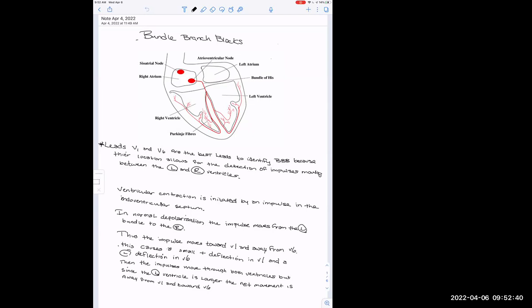All right. So when we talk about bundle branch blocks, we're talking about when there is construction on the interstate and the interstate is blocked and we have to take another way to get to where we want to go.